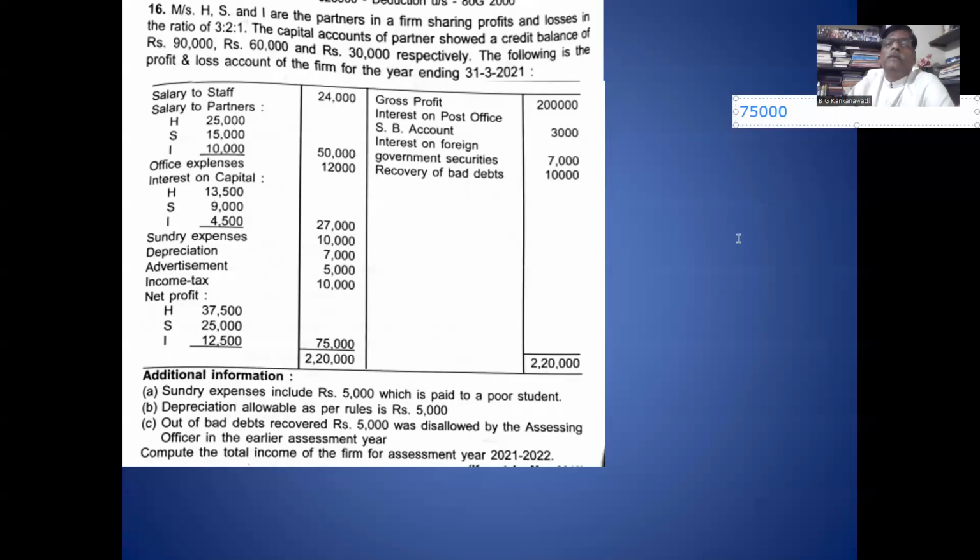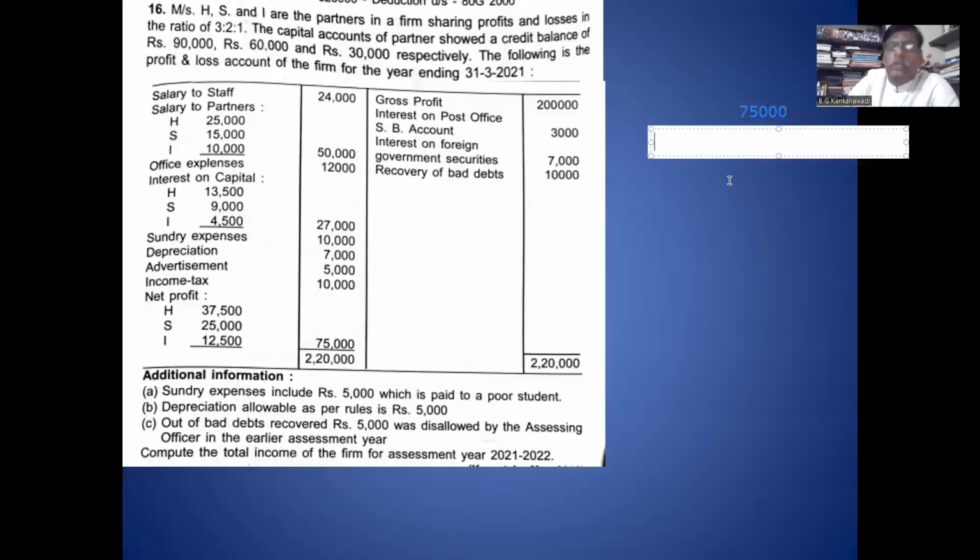And then add disallowed expenses. In the disallowed expenses, salary to staff is allowable. Second is salary to partners, H, S, I. Total partner salary is 50,000. This 50,000 is disallowed. So disallowed salary is 50,000.